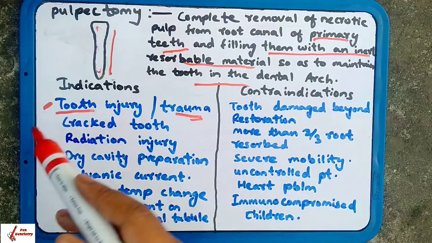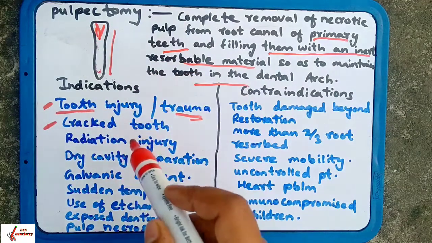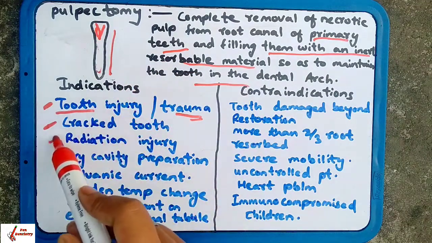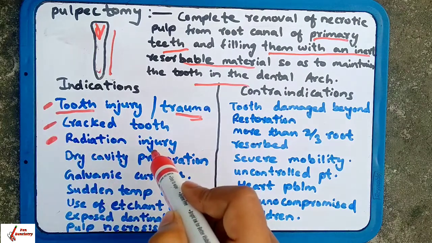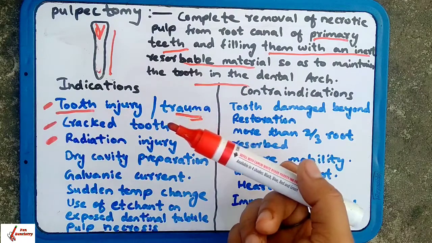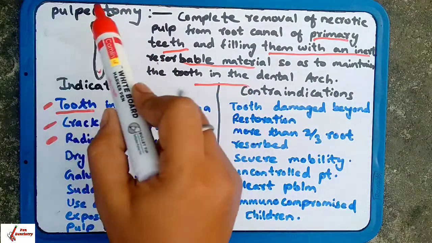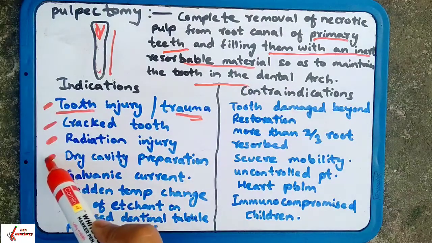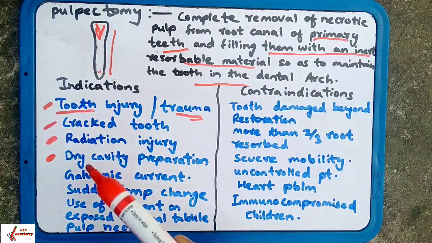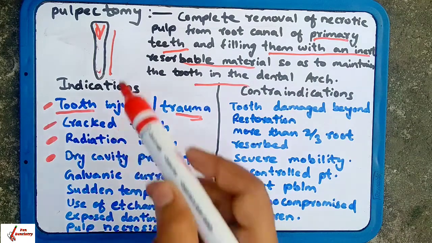When the tooth has cracks, then you are going to do pulpectomy. When there is a radiation injury, if there is radiation intake by the patient and the tooth has damage, you are going to do pulpectomy. When a dry cavity preparation has been created, you do pulpectomy.